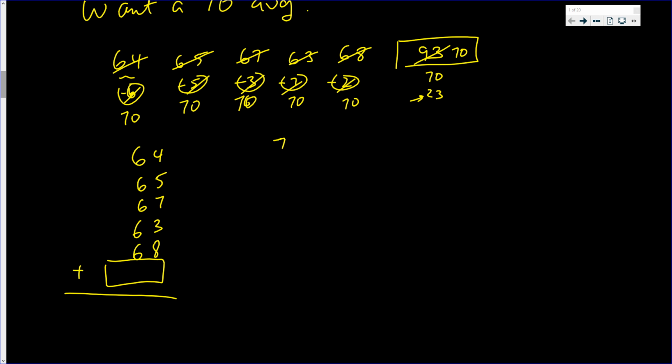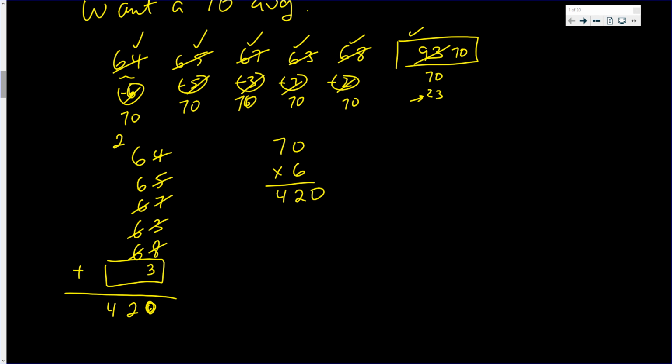Now, if you have a 70 average on 6 exams, your total better be 420.